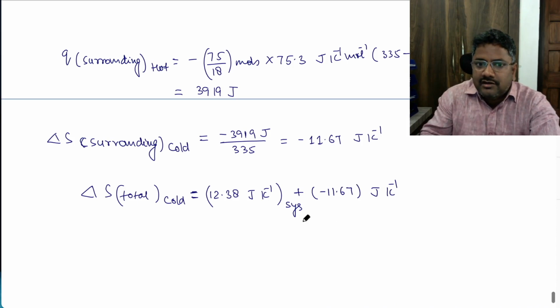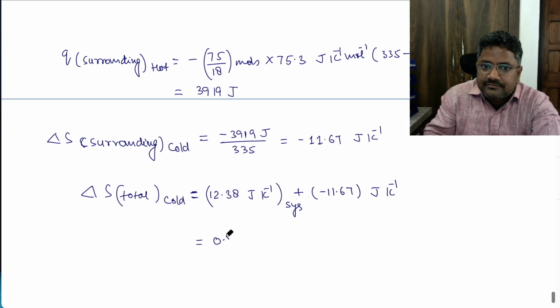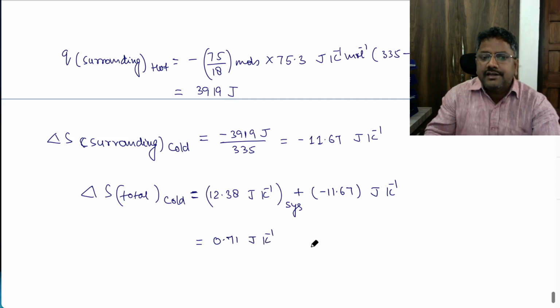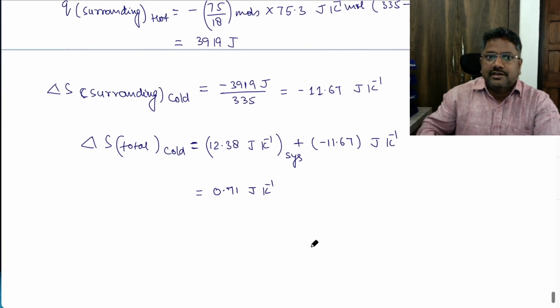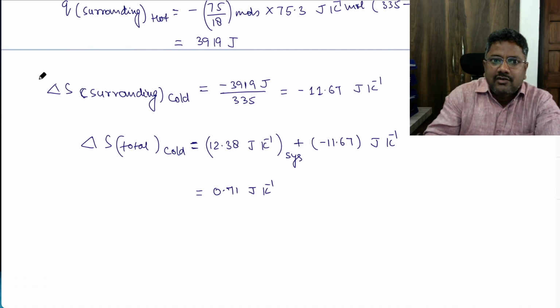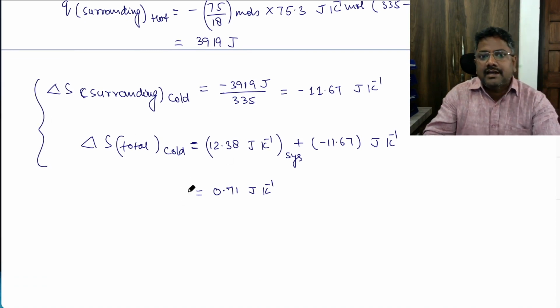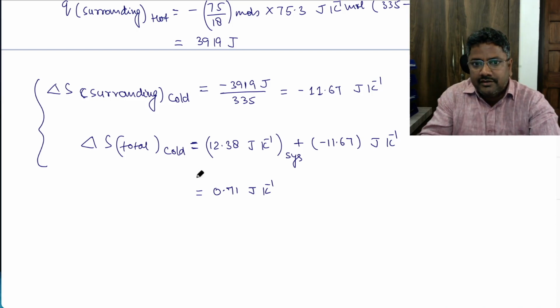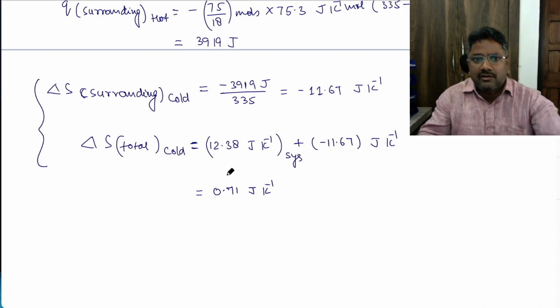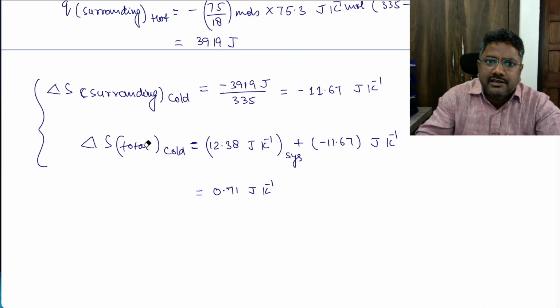So this is equal to minus 0.7 joules per Kelvin, right? So this is for delta S surrounding for cold and delta S total for cold. Total means system plus surrounding, or you can say this is the universe. You can write here universe.